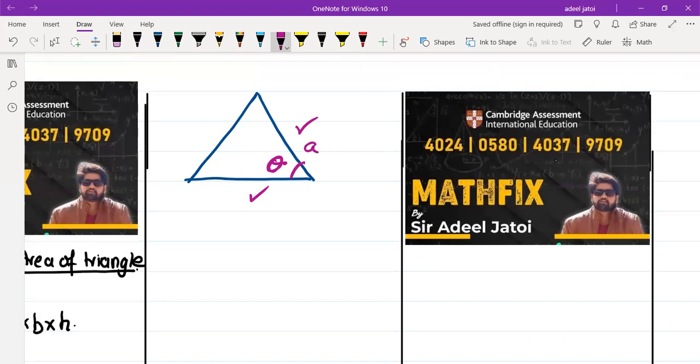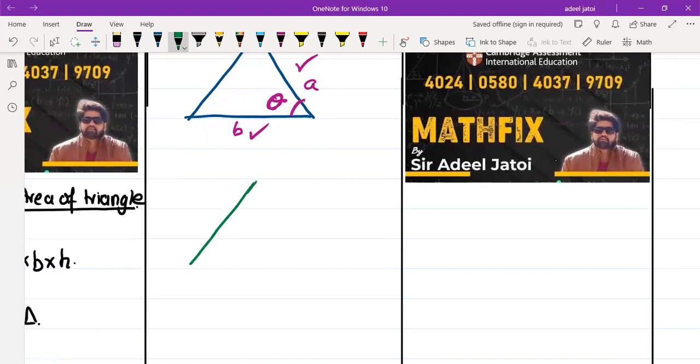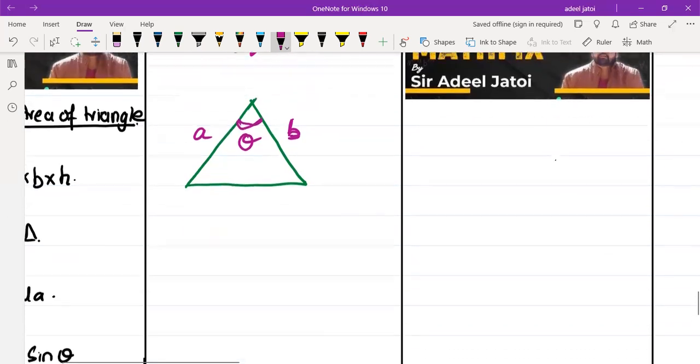This can be A and this side B, or the other way around. Either side can be A or B.